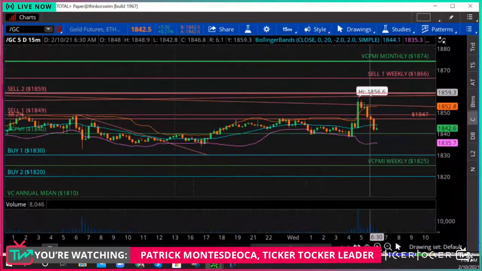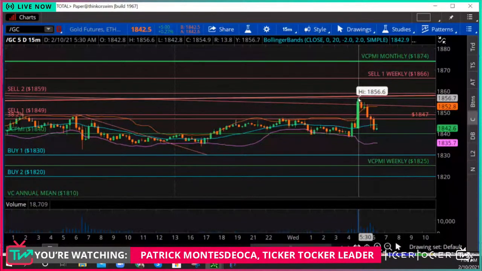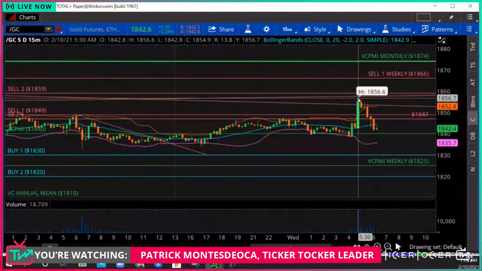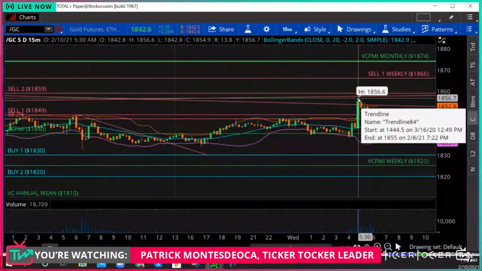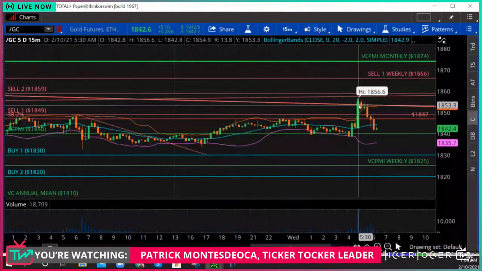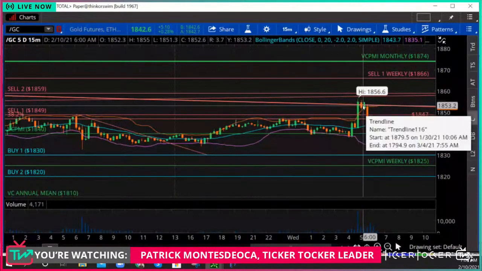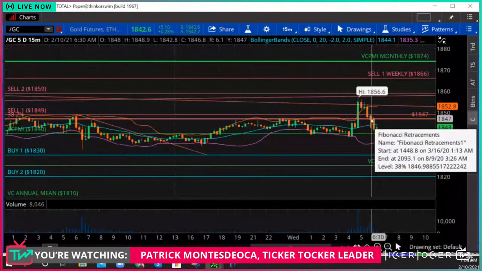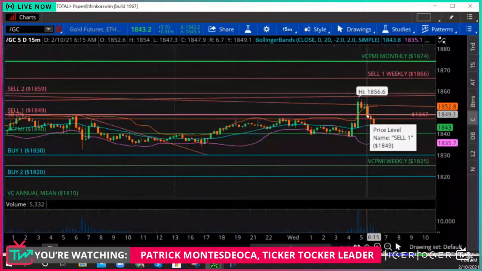The high so far was 1856.60. And that is where the market confirmed sellers, in fact, showed up to overtake the demand below and revert the market down to the support level that became resistance now once it went through 1849.